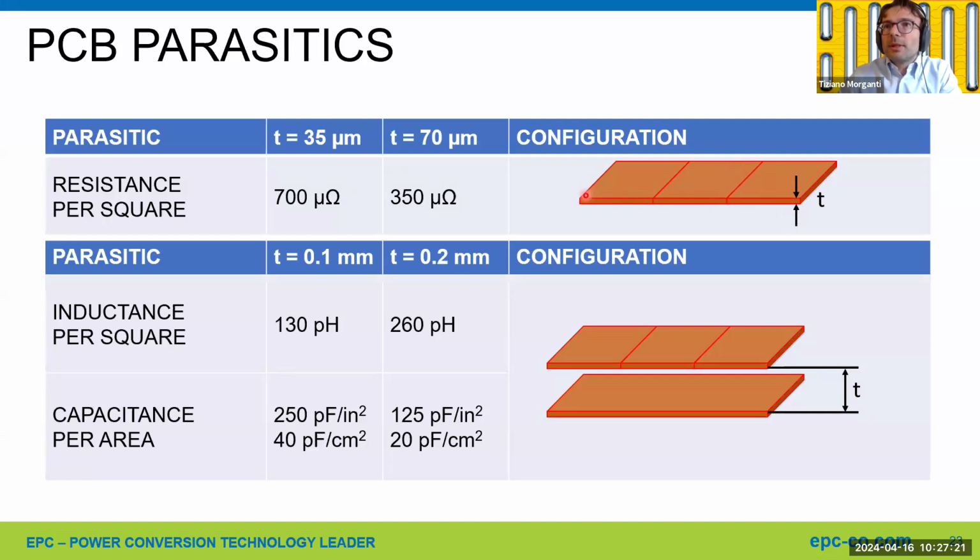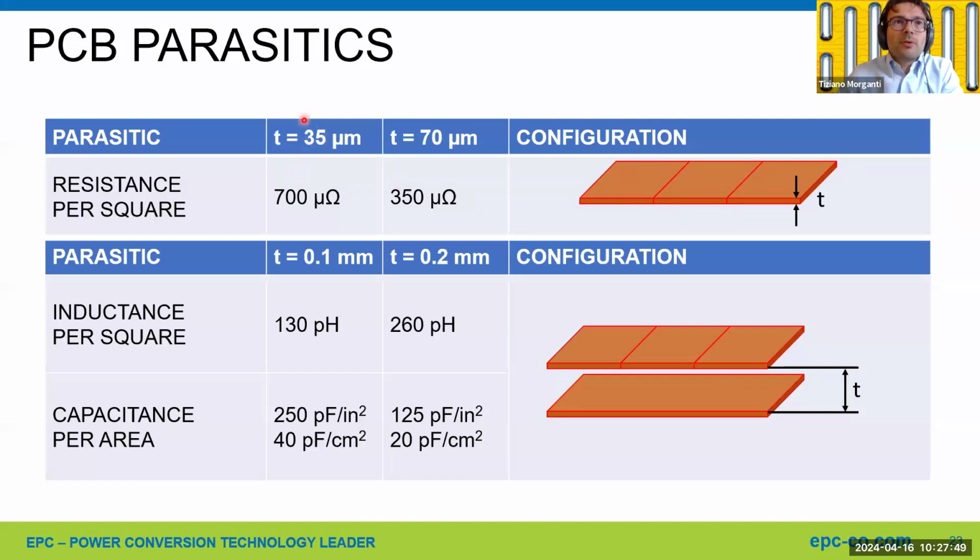It's a layer of copper of thickness T. We have two cases, 1 ounce copper and 2 ounce copper. And the resistance is independent of the side of the square, so we can talk about a specific resistance per square. When you have a track, you need to put several squares in series and add the resistances.